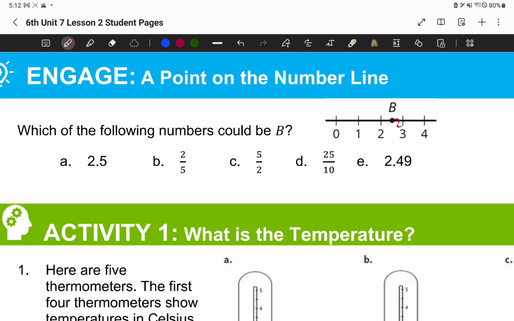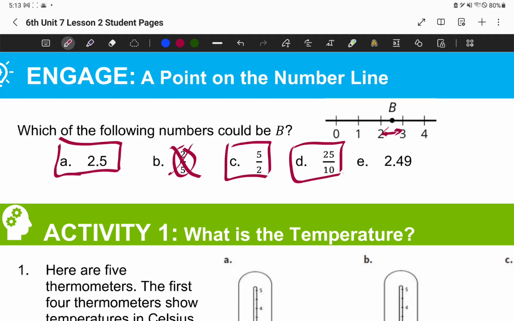So, since it's between 2 and 3, well, 2/5 is between 0 and 1. Goodbye. It can't be 2/5. Well, it could be 2.5. 5 divided by 2 is 2.5. 25 divided by 10 is 2.5.